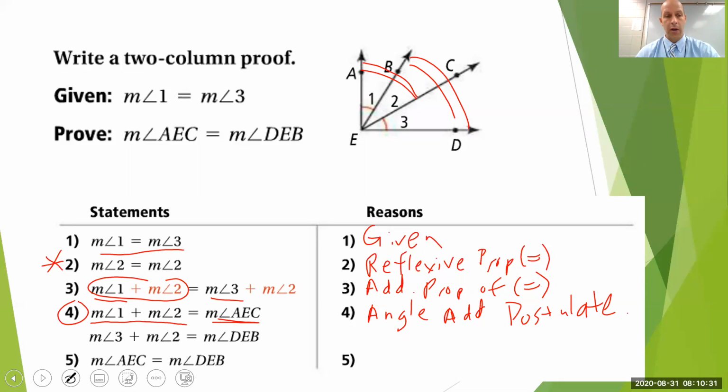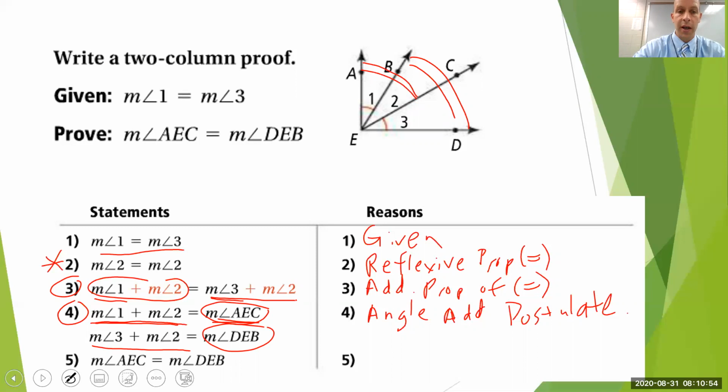So number 5, the measure of angle AEC equals the measure of angle DEB. Well, here's angle AEC, and here's angle DEB. How can I say they're equal? Oh, I see. In step 3, we said that the measure of angle 1 plus the measure of angle 2 is equal to the measure of angle 3 plus the measure of angle 2. That's what step 3 says.